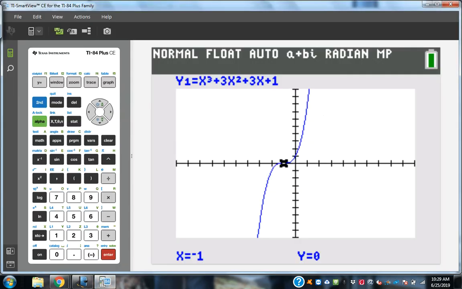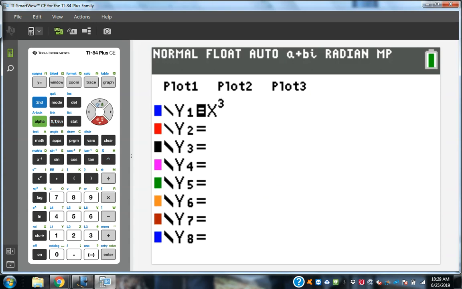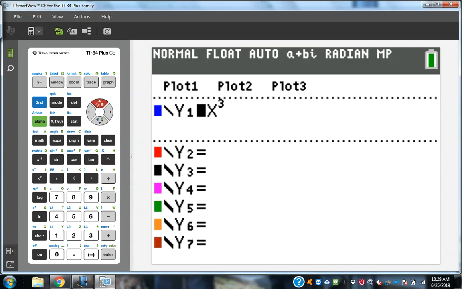So go to y equals x to the third power. Oops. Start over. Minus x squared plus x minus 3. Graph.